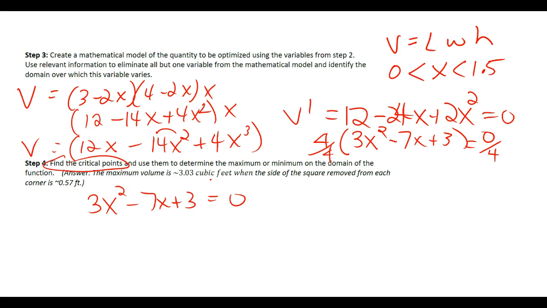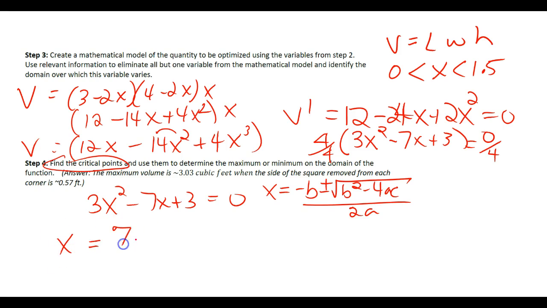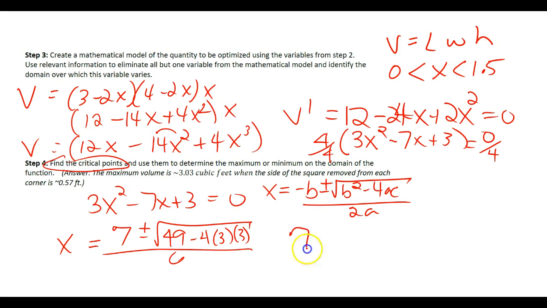So, quadratic formula. x equals negative b plus or minus the square root of b squared minus 4ac all over 2a. So x equals 7 plus or minus the square root of 49 minus 4 times 3 all over 6. 7 plus or minus about 3.6 over 6.